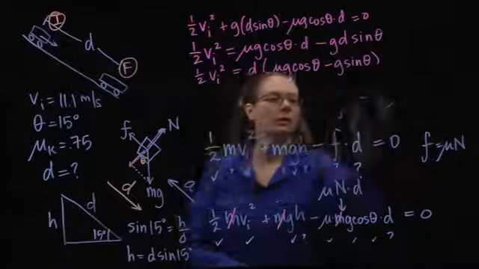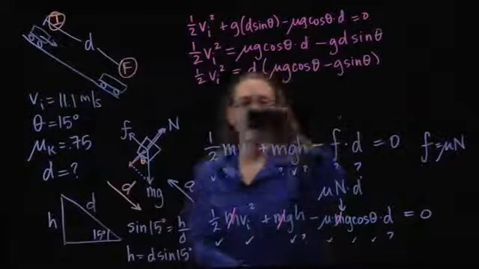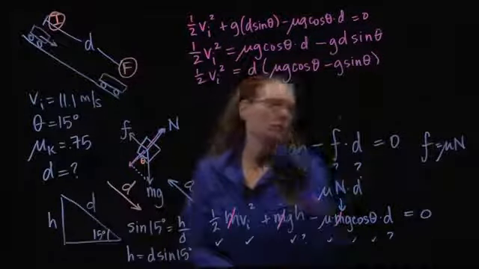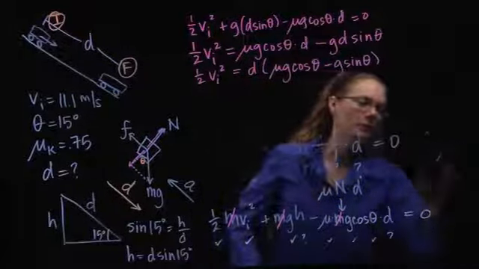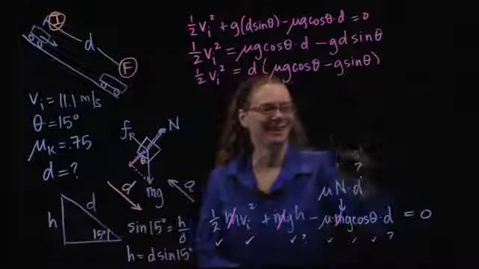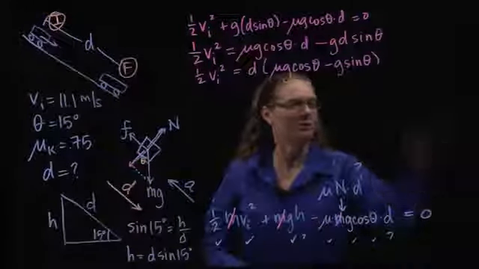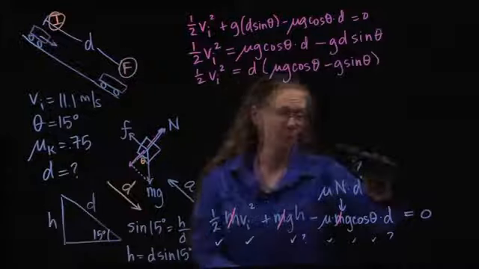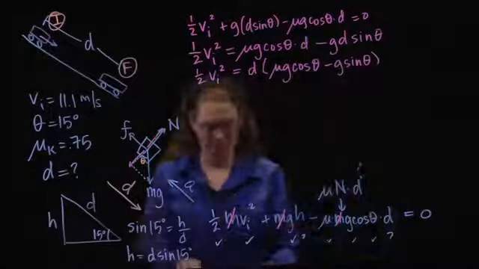So if I can get this erased, I can solve it. So at this point we have all the numbers, and it's just a question of solving for d and seeing if it's reasonable. Oh, okay. This is taking a long time. That's one advantage of the whiteboards, I suppose, is they erase better than this one.